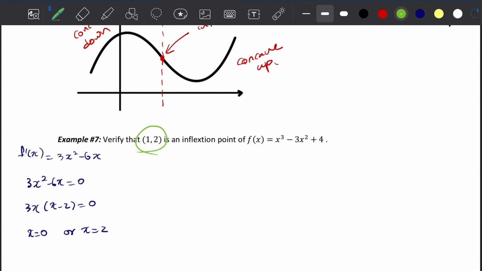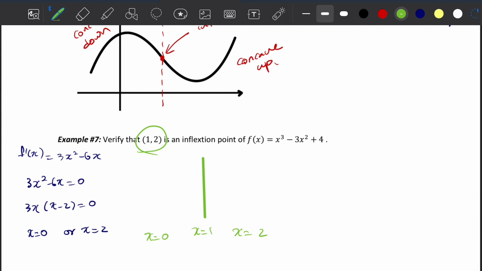Since we need to verify that (1, 2) is an inflection point, it is pretty clear that x equals 1 lies between these turning points, with x equals 0 on the left hand side and x equals 2 on the right hand side.